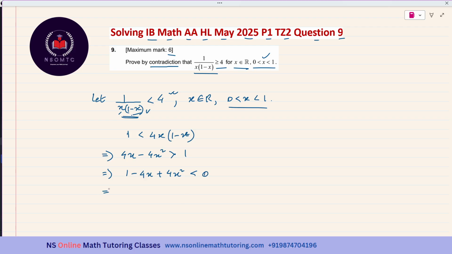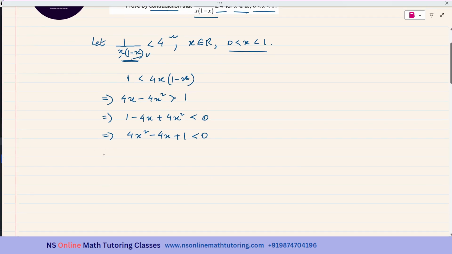Rearranging the terms, we can write this as 4x squared minus 4x plus 1 is less than 0, and this is (2x) squared minus 2 times 2x times 1 plus 1 squared is less than 0. So we have 2x minus 1 whole squared is less than 0.